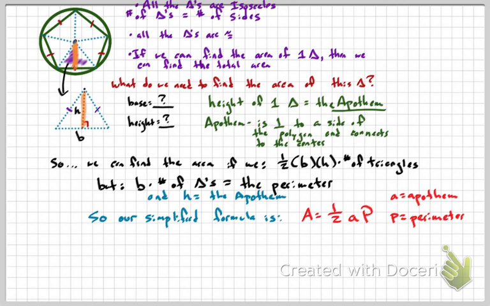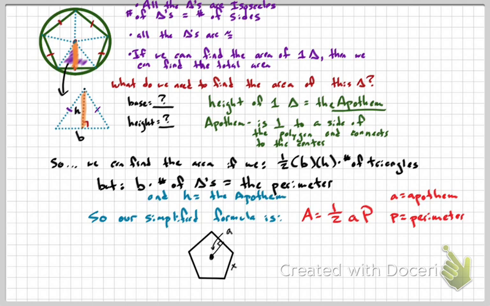So it's the apothem of your polygon, the perimeter of your polygon. Okay? So if I was to make a regular pentagon again, the two things I would need to know to be able to find the area of this figure would, number one, be the apothem, and then number two would be a side length.